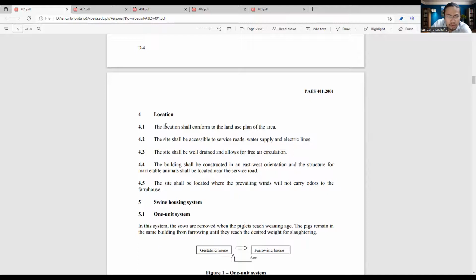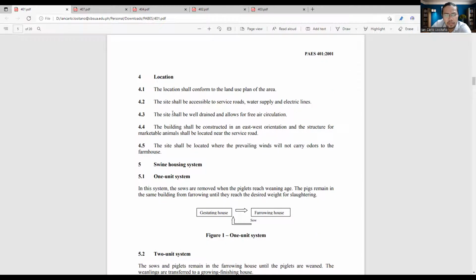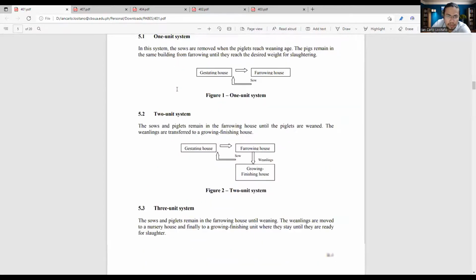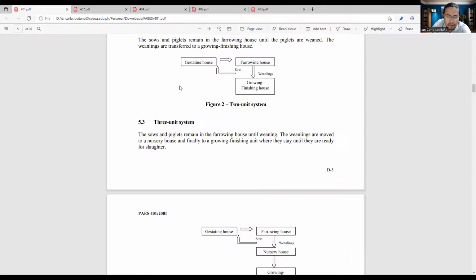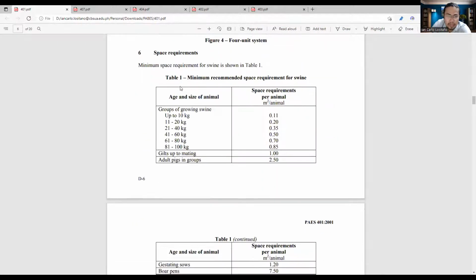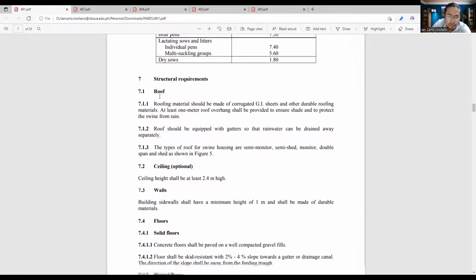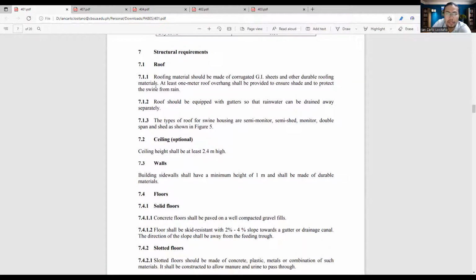So we will be talking of the requirements of the structure or the building specifically, as they are in relation to the structural requirements such as location. We'll also go through the types of design. But for structural requirements, we will go through the roof, the very basic components.